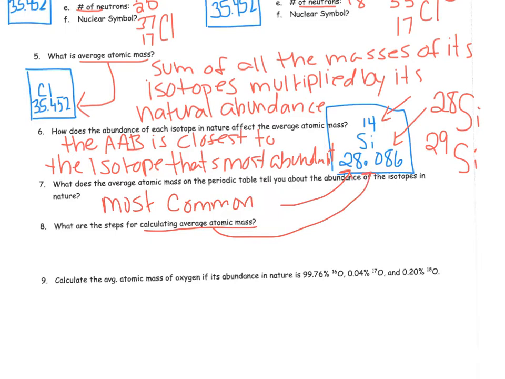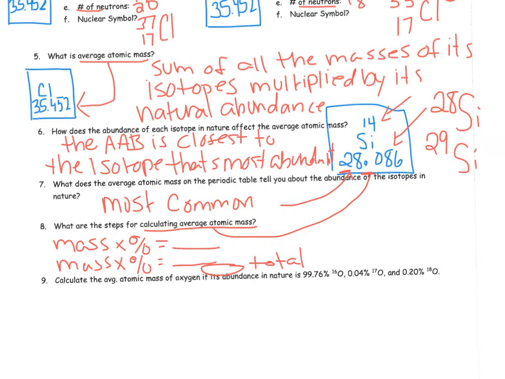Essentially, you're going to take all the masses of the isotopes, multiply them by their percentages, and get a number. Mass of another isotope by its percentage, you get a number. And then you're going to total those numbers. So that's the mass of the isotopes multiplied by its percentage, totaled, or the sum of the mass of the isotopes by their percent abundance. That's what the definition means.